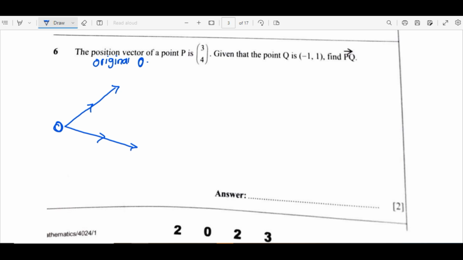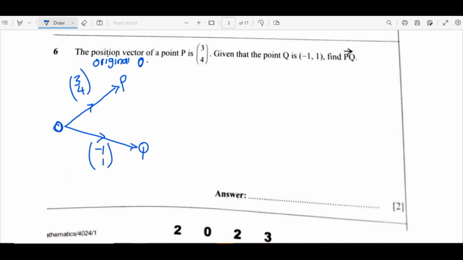Then we'll put the arrow. So this is same as vector OP is 3, 4. Then the vector OQ is -1, 1.